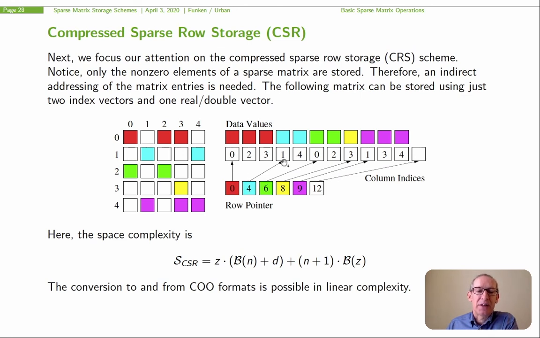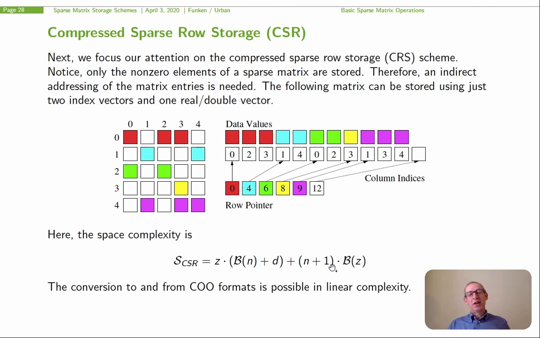And from this data, we can recreate also the row index, starting with the row index and then continuing with the column index. The advantage is that before, with the coordinate system, we have z times 2 times b of n. Now we only need a smaller one, only n plus 1 times some index. Instead it was z times b of n. Now we have n times b of z.